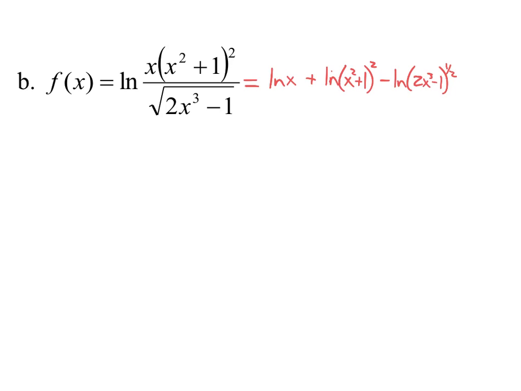And actually I can go even further than this, make this ln of x plus 2 times ln of x squared plus 1 minus 1/2 ln of 2x cubed minus 1.